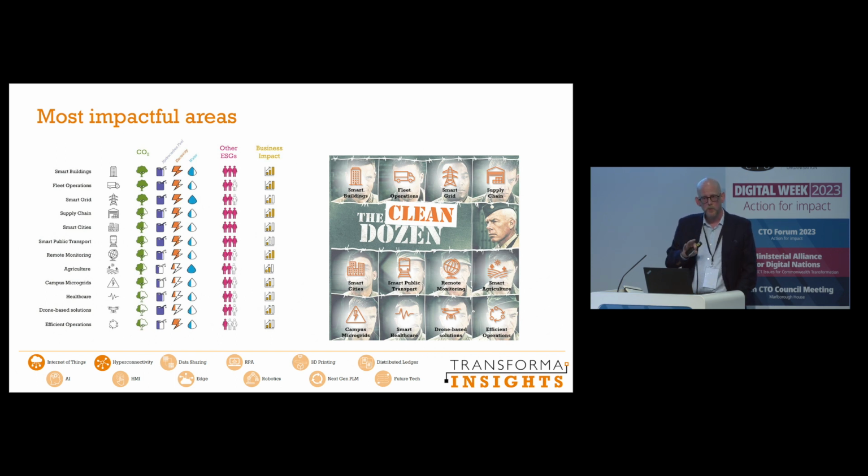Next one down, fleet operations. This is to do with making more efficient route planning and driver behavior monitoring to make sure that the fleet vehicles are making much less use of fuel, essentially. Getting more for less and just producing more efficient driver behavior and routing.